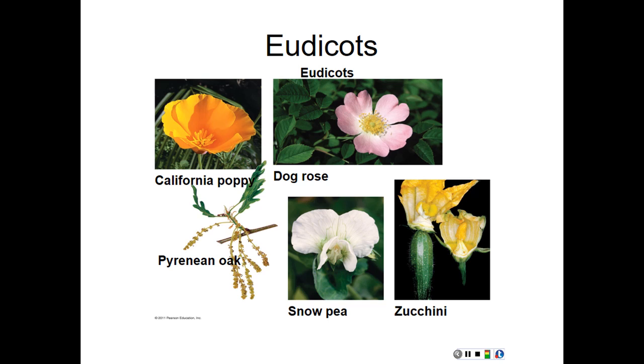We have floral parts in 4 or 5s, or multiples thereof. And most of them have a root system we would know as a taproot, where we have one big root like that. I guess that's the ground. Sometimes you get some smaller roots off like this, but you have this one main root. So they have a taproot system.